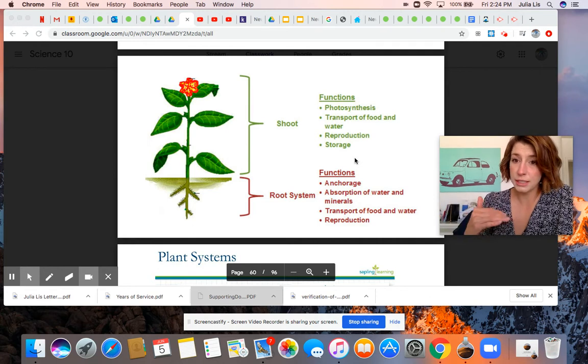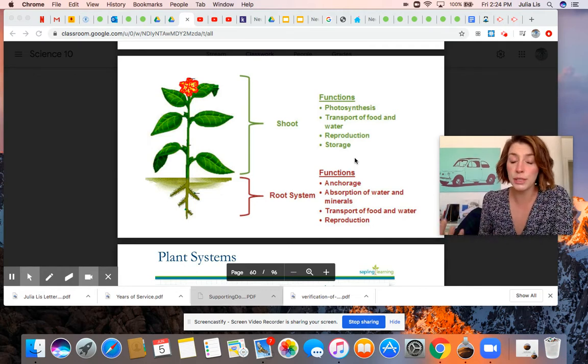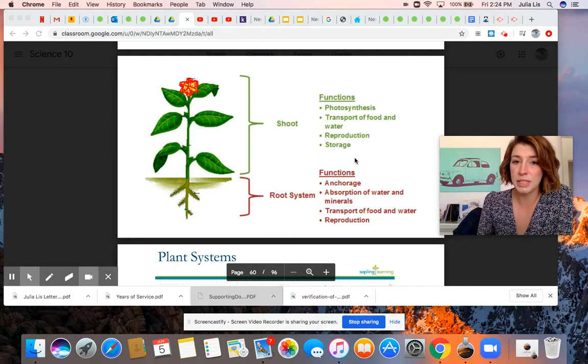Some of the functions, I described a few of them, but your shoot system, it's where photosynthesis is going to take place. So that's the process of making sugars. So food, resources for the plant. It's going to store a lot of nutrients and products. It's also going to have those reproductive structures. And then your root system. So it's there to anchor and to ensure that the plant is safe and attached to a certain surface.